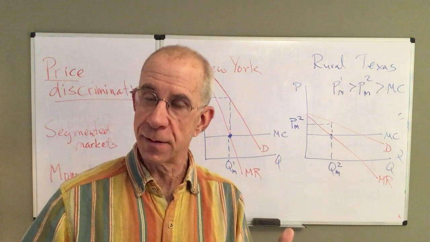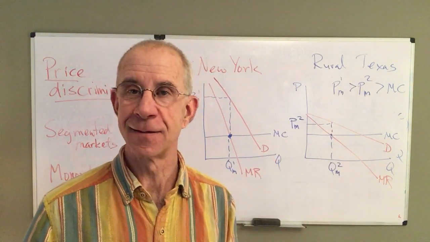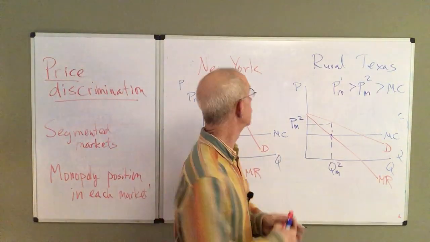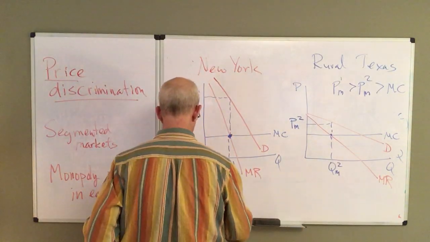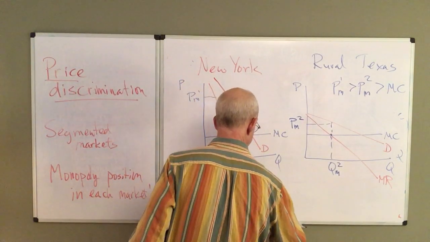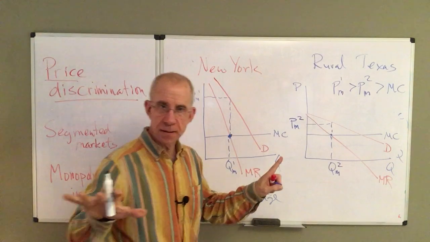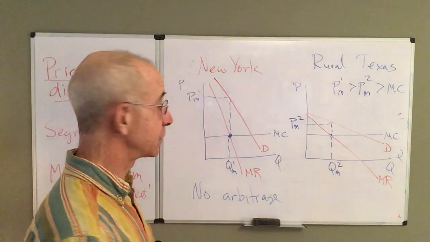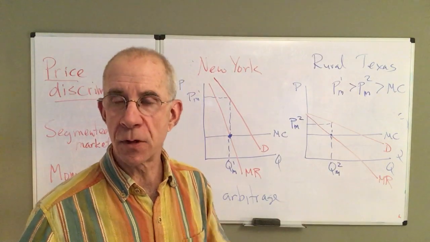Now, an important aspect of this is that you don't want to allow arbitrage. When they're physically separated, it's going to be hard to take advantage of these differences in price. Now, what do we mean by arbitrage?